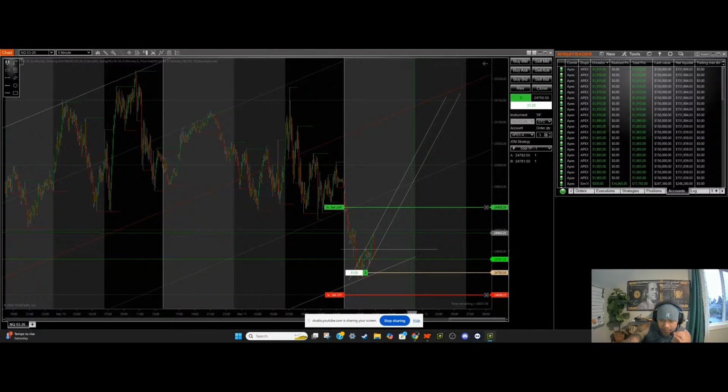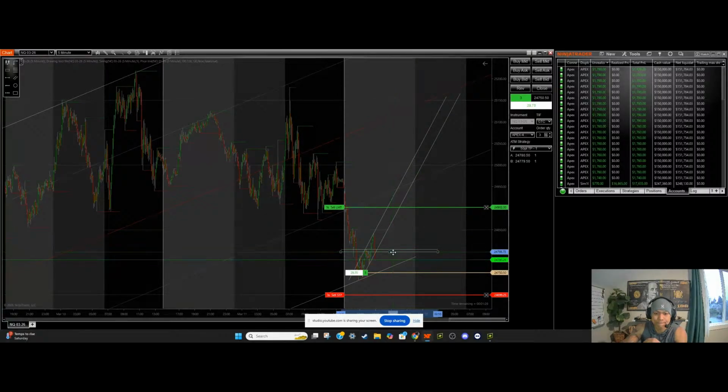I've seen this so many times where it would take out probably this low right here. That was the last swing low, the higher low. Take that out and then rip it immediately right back up. I'm hoping that's going to be the case because this pullback is ugly.